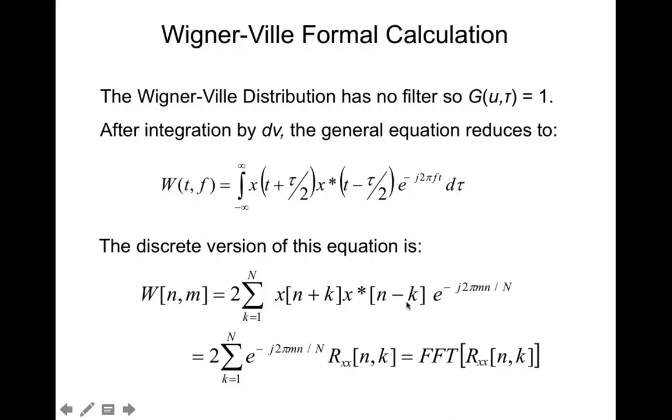The discrete version can be written by replacing t with n and tau with k, going from n plus k to n minus k, adjusting the transform variable appropriately, and taking the summation as opposed to the integral. This factor of 2 shows up because, unlike this integral, which goes from minus infinity to infinity, this is a single-sided summation, so it goes from 1 to n. So basically, this is just the FFT of the instantaneous autocorrelation.